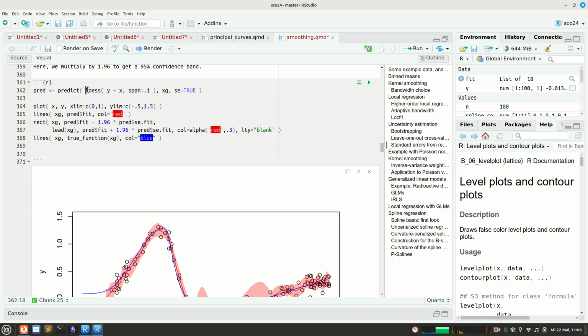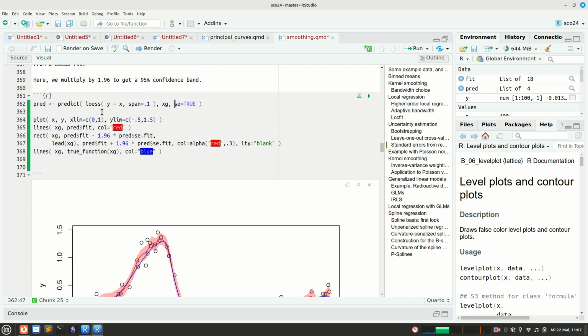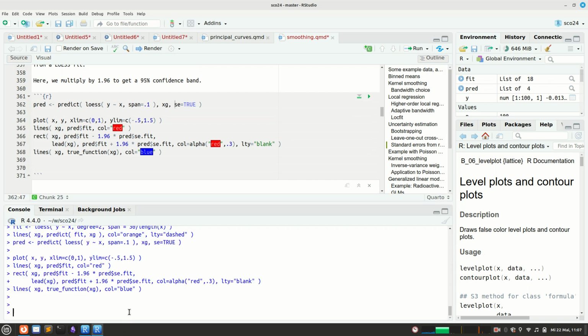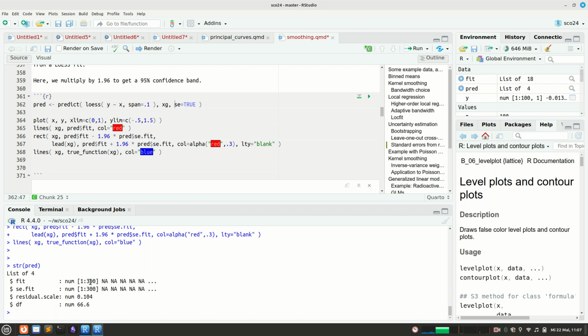So if you use the lowess function from R and tell it to predict my curve for all the values in my value grid, and also give me standard errors, then what it returns to you is a list of fitted values and a list of standard errors. Now the first couple of values are NA, but in the middle they actually have a value.